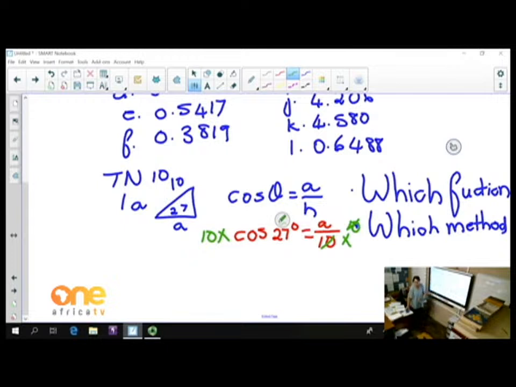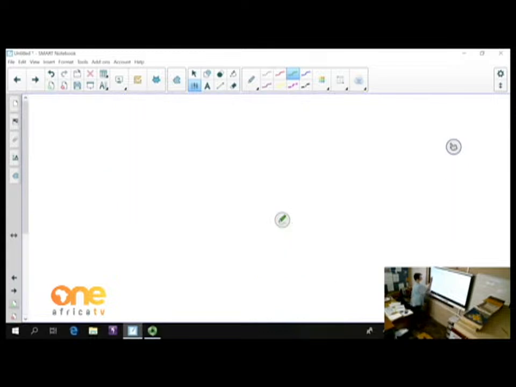So now you take your calculator and you multiply 10 times cosine 27 is equal to, and I got 8.91. So this one is 8.91.